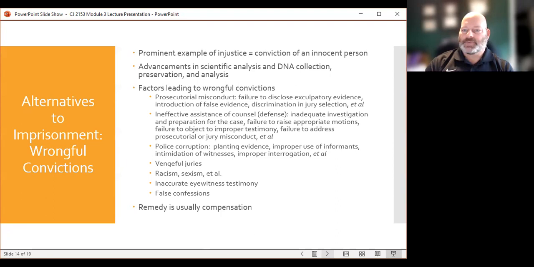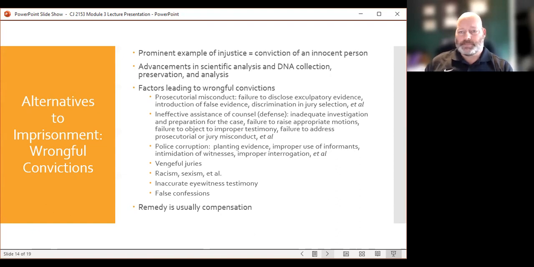But there are a lot of factors that lead to wrongful convictions. You have prosecutorial misconduct. So sometimes a prosecutor will fail to disclose evidence that's beneficial to the defendant. Exculpatory evidence is what that's called. Prosecutors may introduce false evidence and may display discrimination in jury selection.